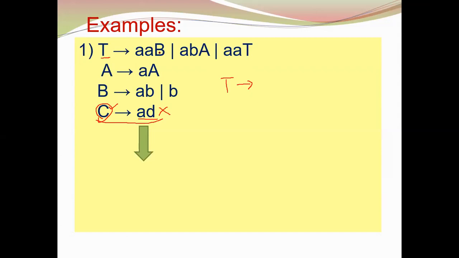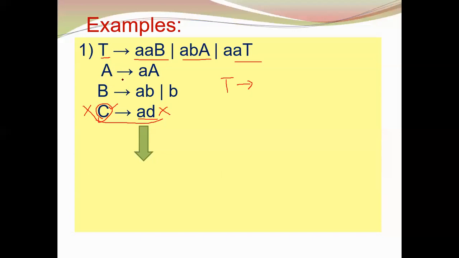No, right? Here we have the variables A and B and AAAT, but we can't find the variable C. So I can say this variable is useless. This variable C is useless because I never use this variable in the production or grammar.